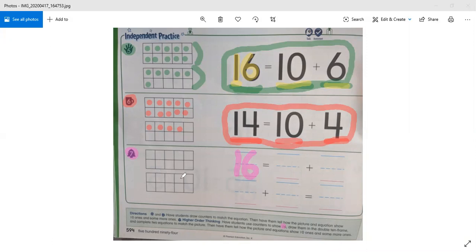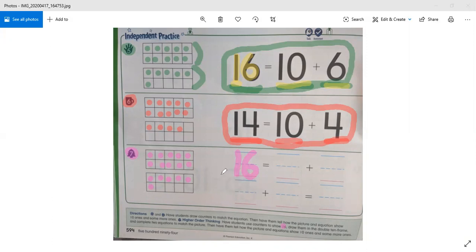How about we go ahead and first fill in our 10 frame. So let's count all the way until we fill up with 16. And count out loud with me. 1, 2, 3, 4, 5, 6, 7, 8, 9, 10, 11, 12, 13, 14, 15, 16. All right, and we stopped there because it told us our number, 16.